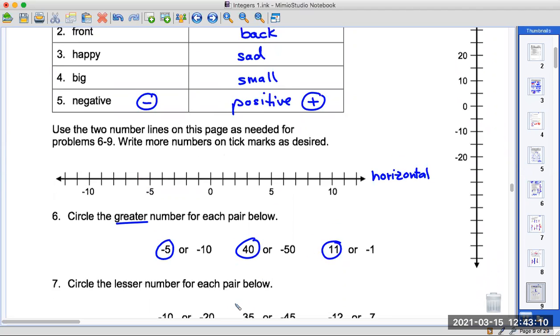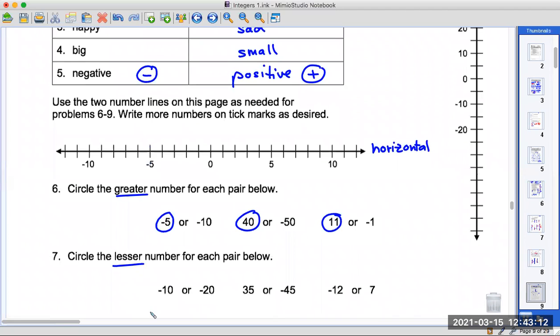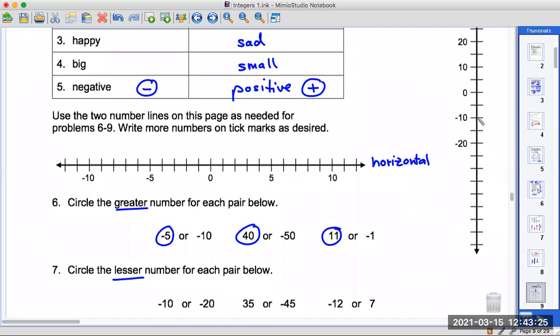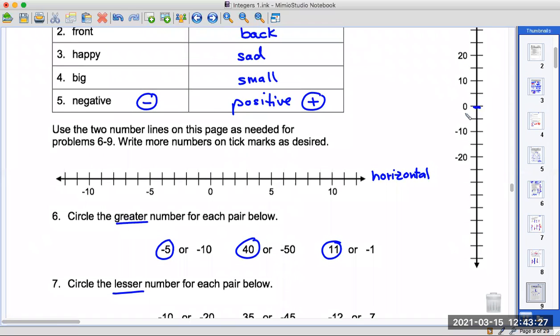Okay, good. Circle the lesser number. -10 or -20. Which one is smaller, guys? Look at the vertical number line. Which one is closer to 0?